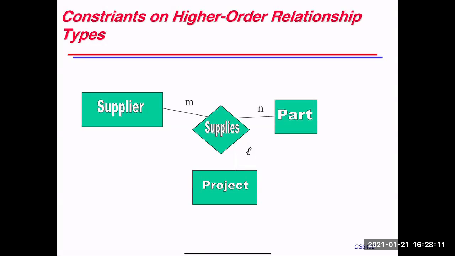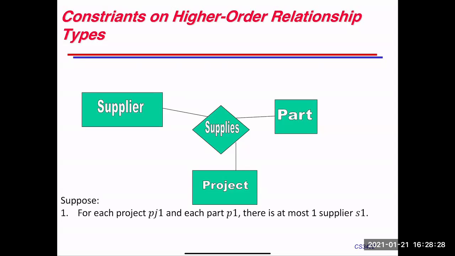But let's look at some examples. Let's not worry too much about what M, N, and L actually mean, but let's look at some concrete examples here. Let's suppose that for each project PJ1 and each part P1, there's at most one supplier S1.